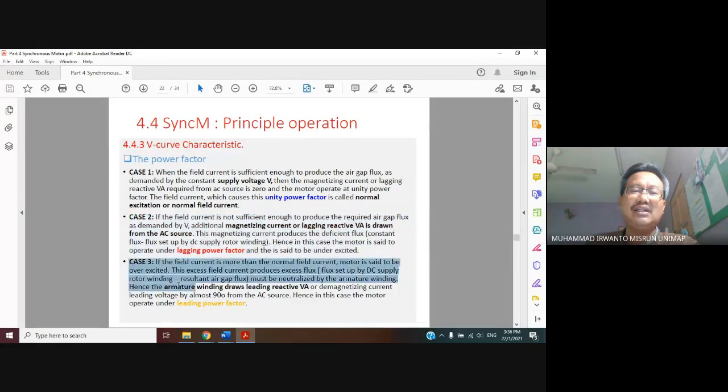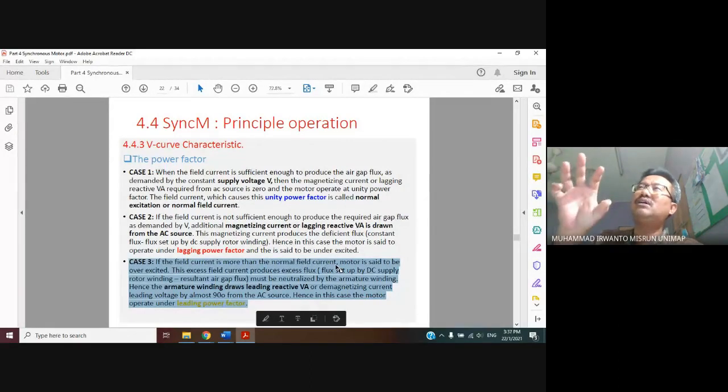And then case 3: if the field current is more than the normal field current. Normal field current means we know the rated power, how many watts, the rated RPM, how many RPM, how many amperes of armature current can be supplied, and this relates to the field current, how many amperes of field current should be given to the rotor winding.